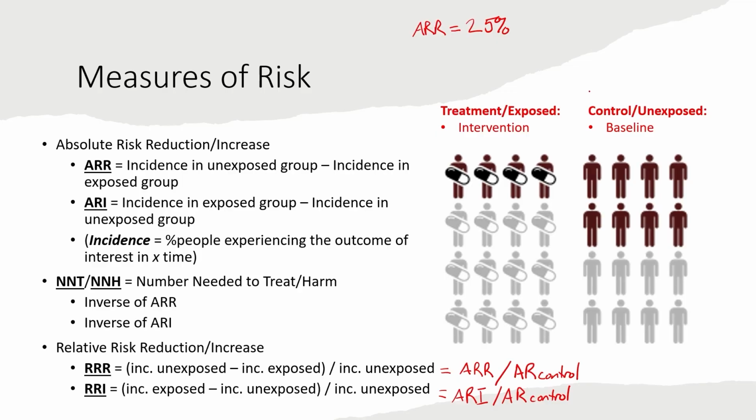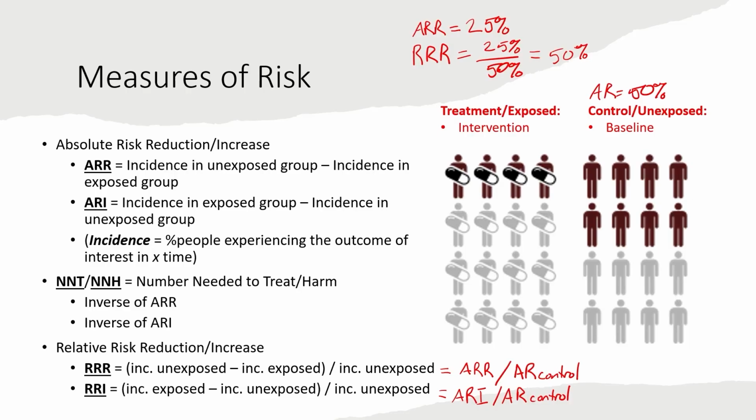Remember, the risk of adverse outcome in the control group is 50%, which means that the relative risk reduction is the ARR, or 25%, divided by the original risk, which is 50%. And that is, 25 out of 50 is 50%. This means that the risk of adverse outcome in the treatment group is half that of the control group.